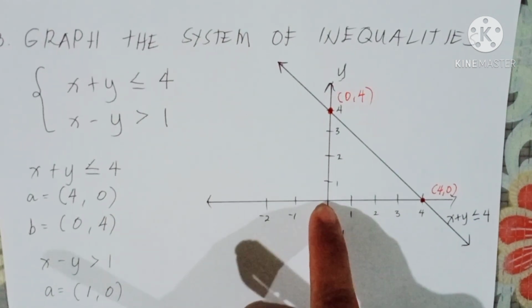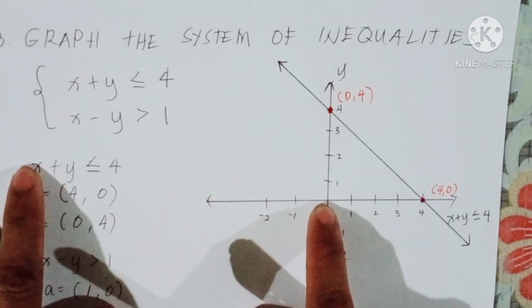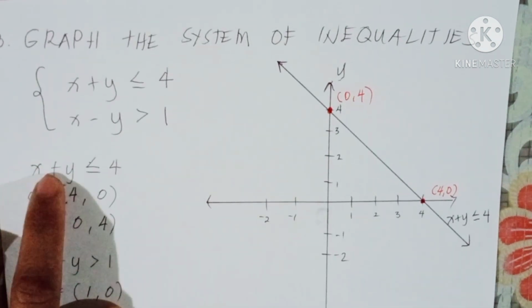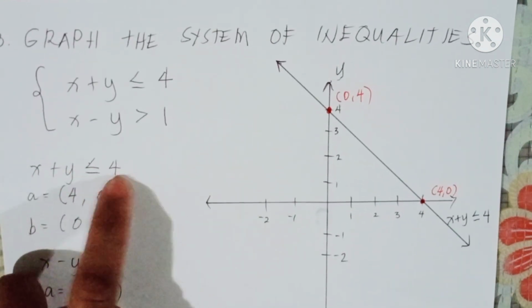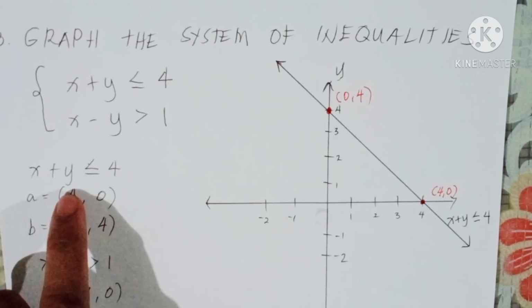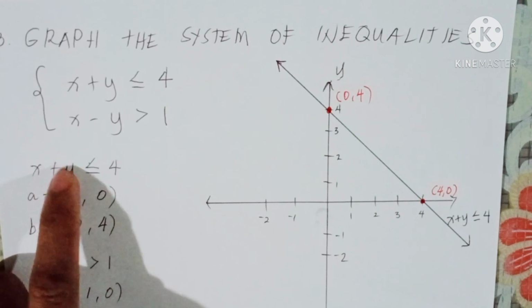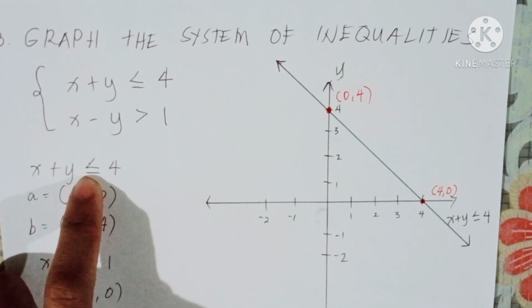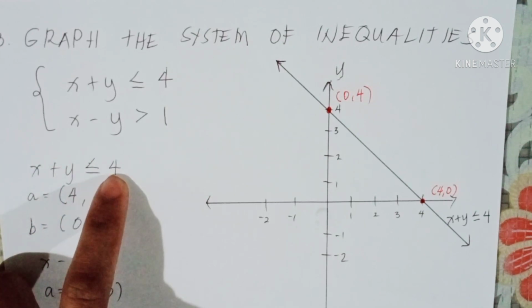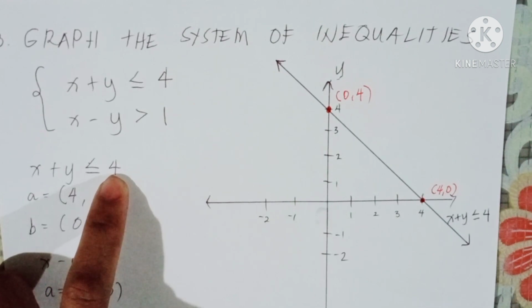So we use 0, 0 as a test point. So x plus y less than or equal to 4. So we set x as 0 and y as 0. So 0 plus 0 is 0. Is 0 less than or equal to 4? That is true.